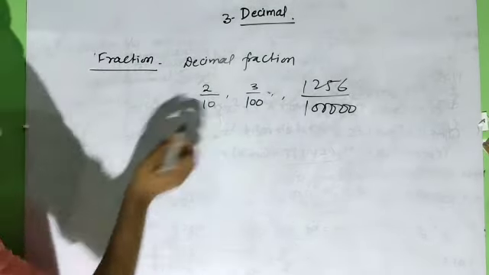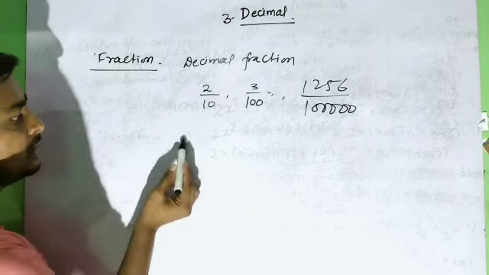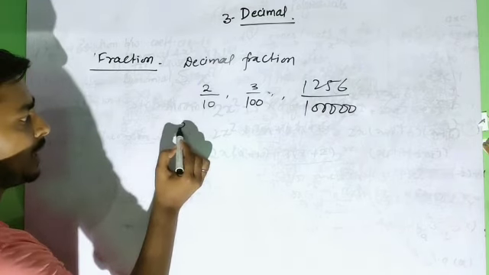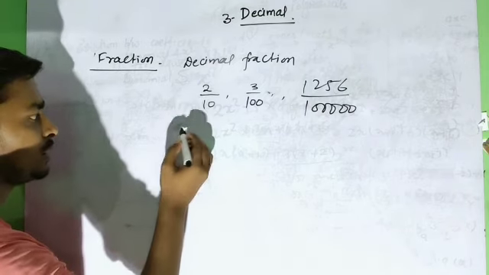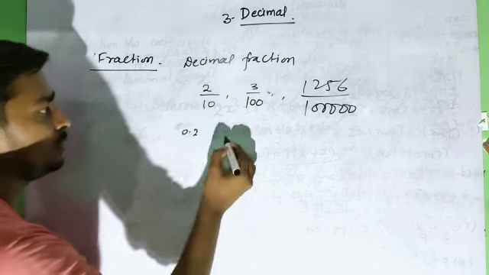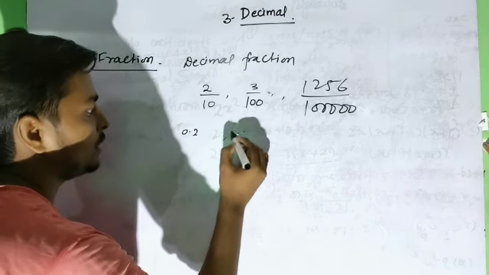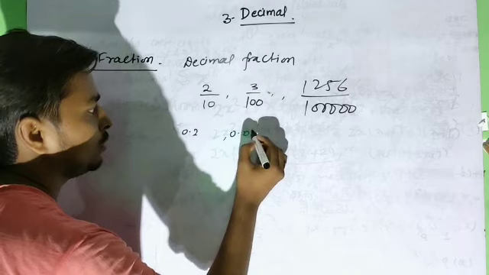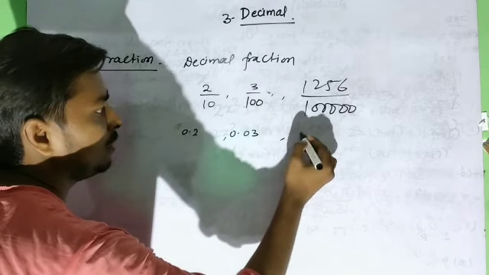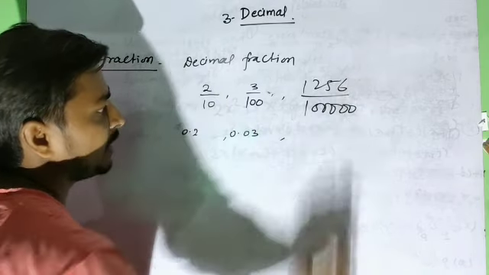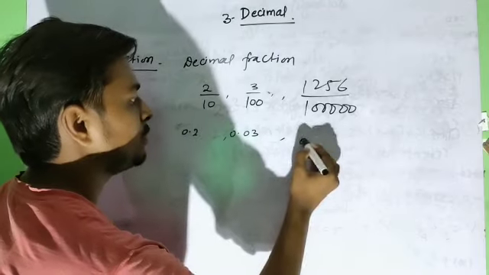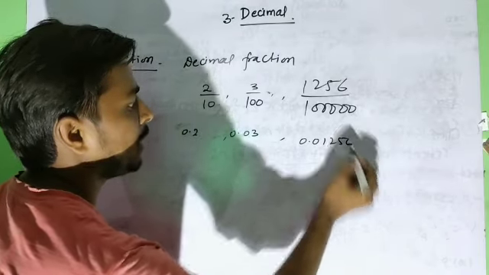Now from here these numbers can be written by just dividing, so it will come 0.2, 0.03, 0.01256.